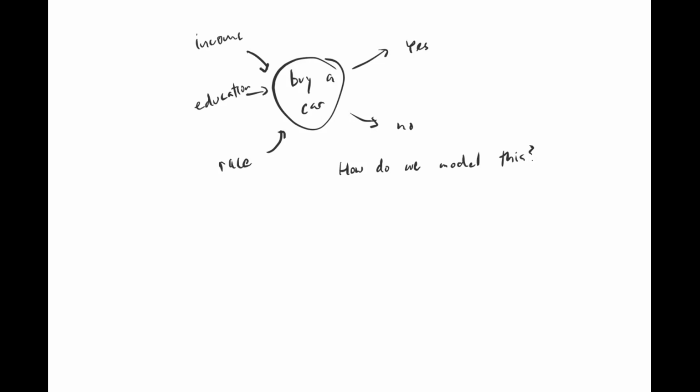But I think it's important to take a step back and think about why we do a logistic regression instead of a linear regression, because that'll help guide our understanding of why this is done in the way that it's done. So how do we model this?